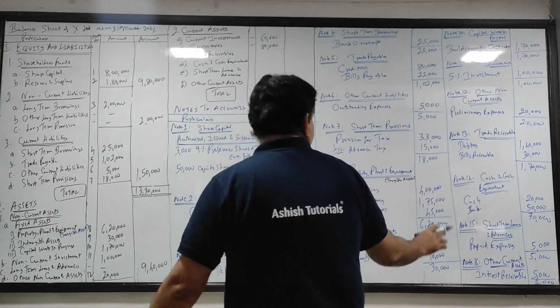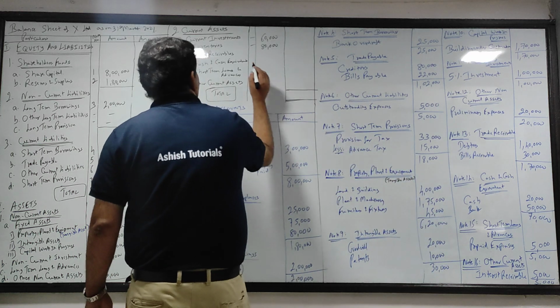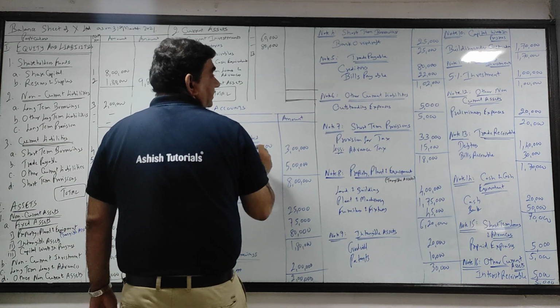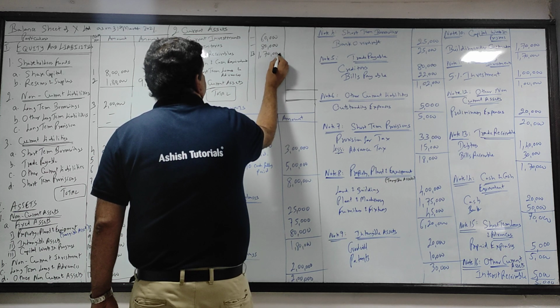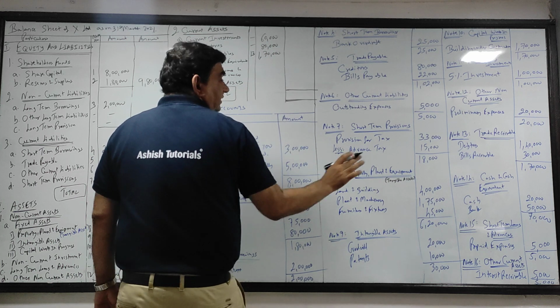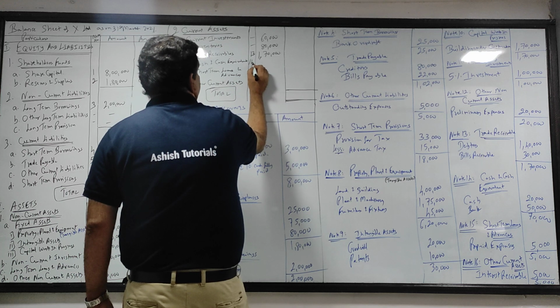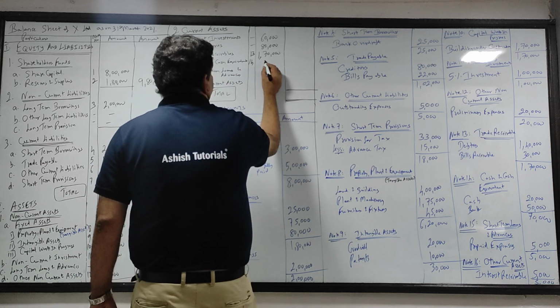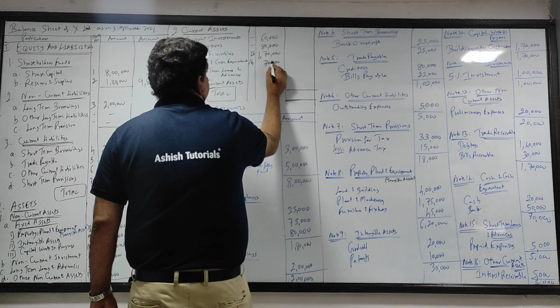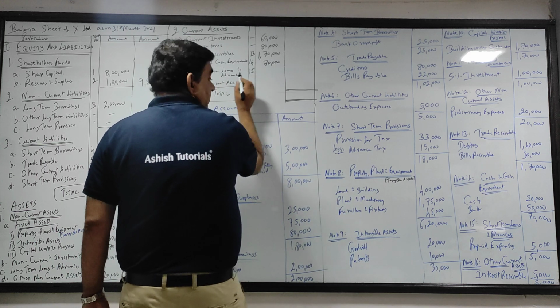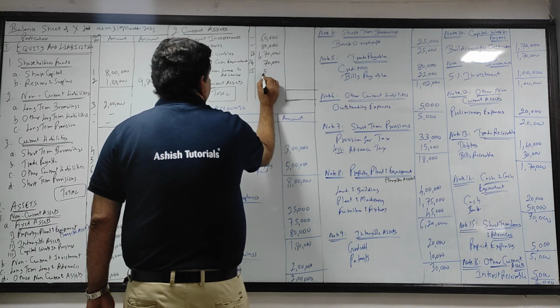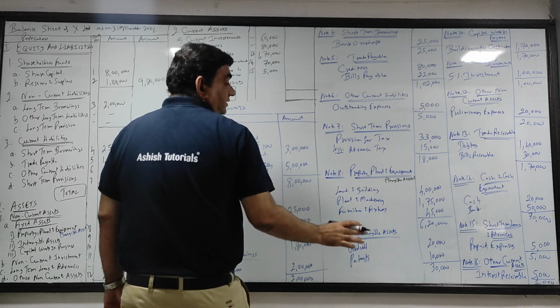Okay, next, trade receivable. Note number 13. How much is it? 1,70,000. Cash and cash equivalent, note number 14, 70,000. Short-term loans and advances 15, that is 5,000.